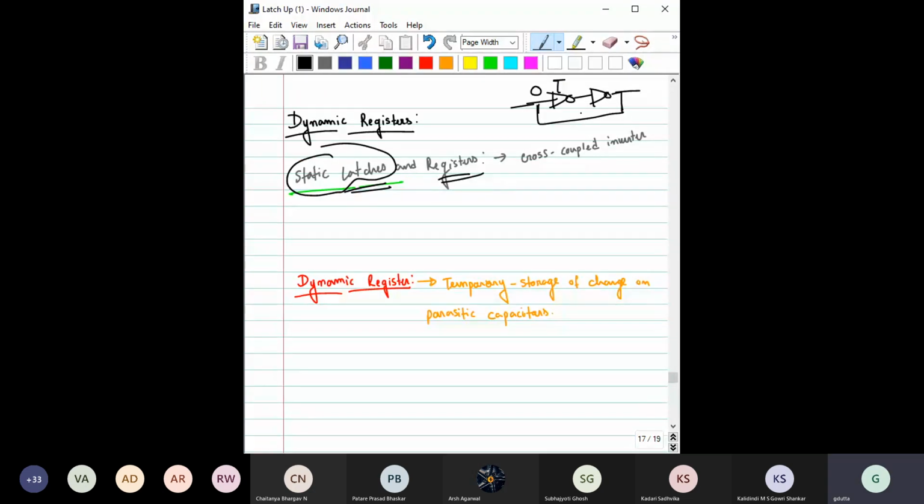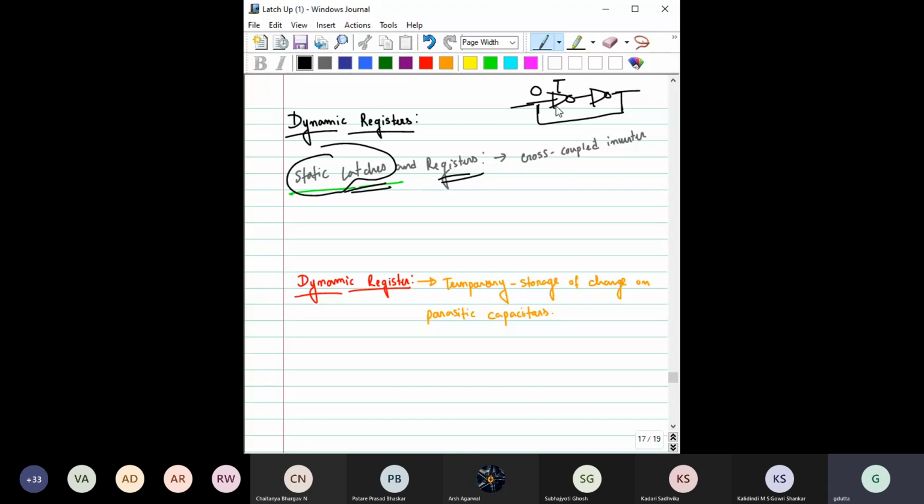But suppose we need some memory element where the storage time is very small, means you need to remember one bit for a very small amount of time, then probably we can think of something easier to design, where we will not store a bit permanently.